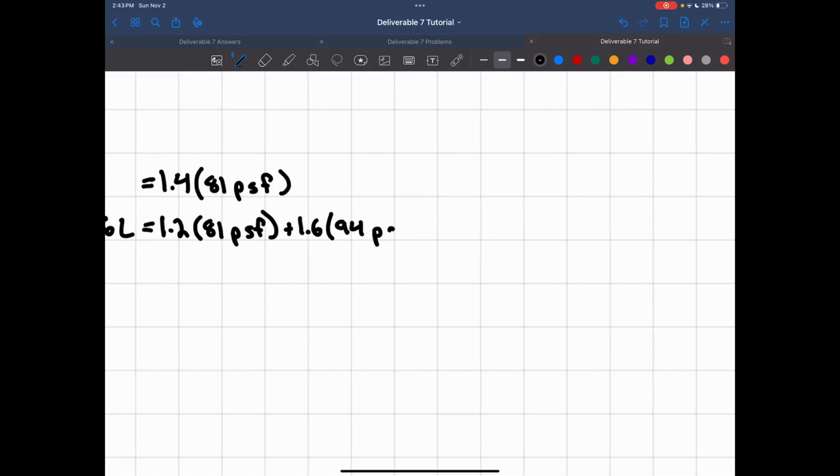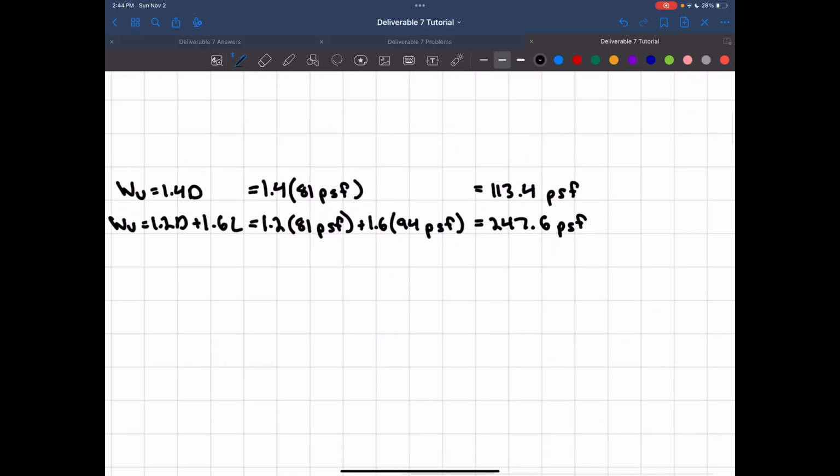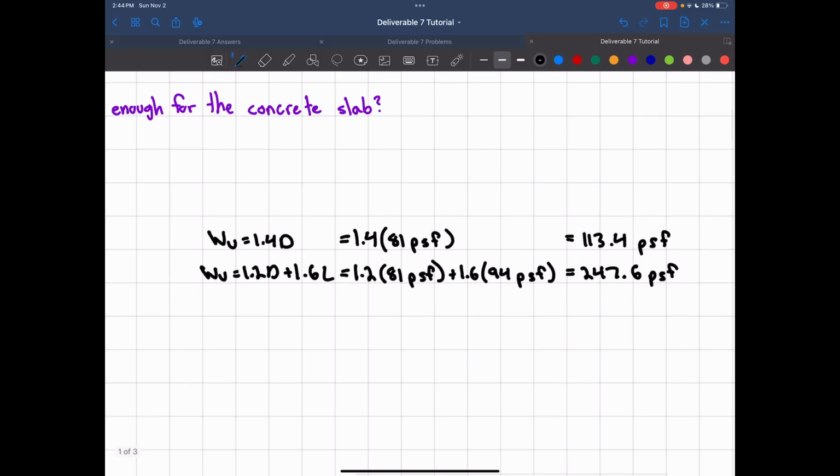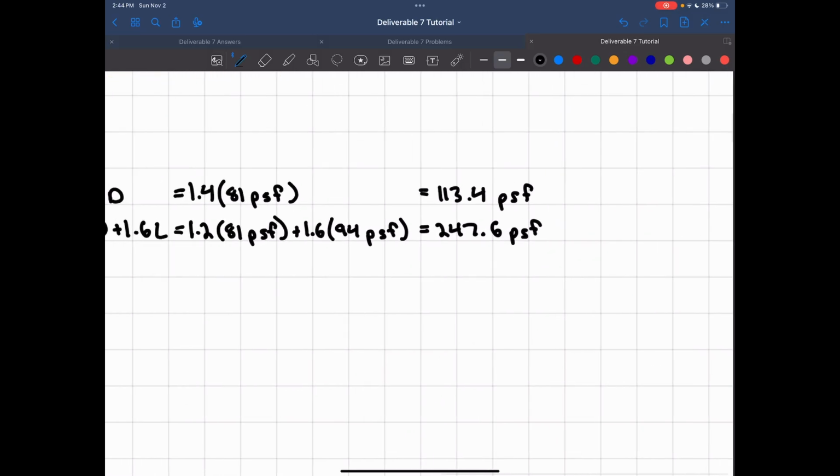Still need to calculate both numbers though. All right, so these are our two numbers from our load combinations. And here we can see which one is clearly greater. So we will be using this one.